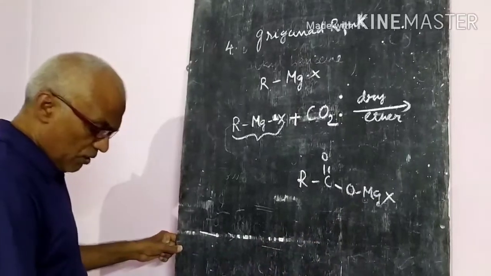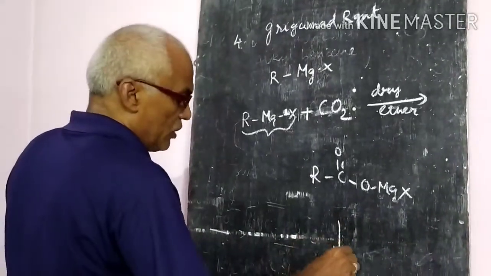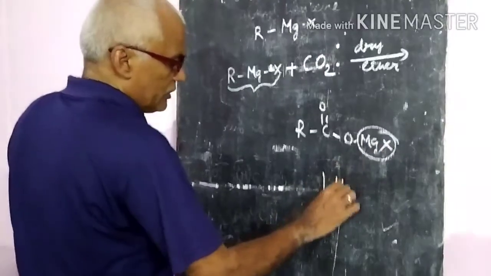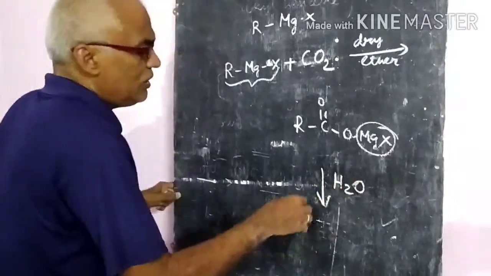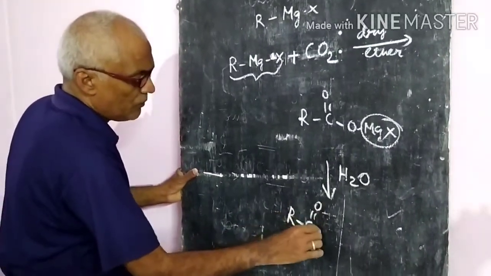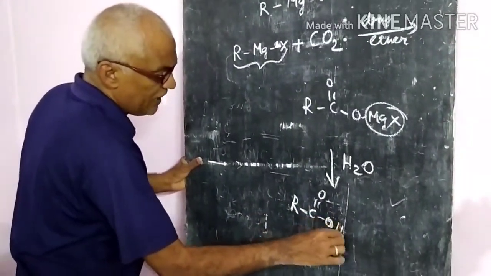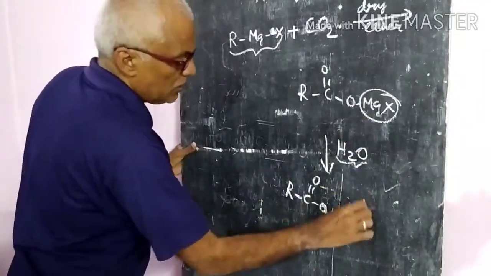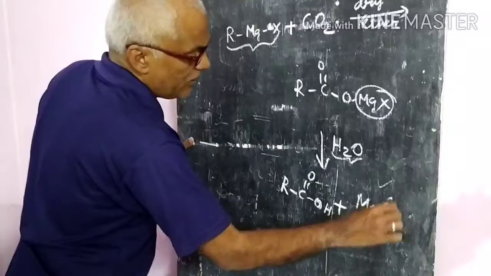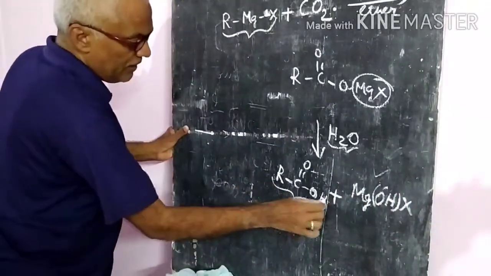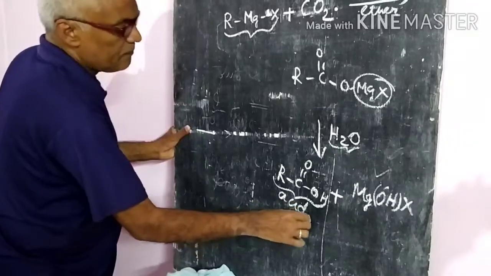An intermediate compound is formed. Further, we have to remove the MgX and add hydrogen, that is H2O, hydrolysis. It will give RC double bond O with OH, and magnesium hydroxy halide will be taken out, and you will get the corresponding acid.